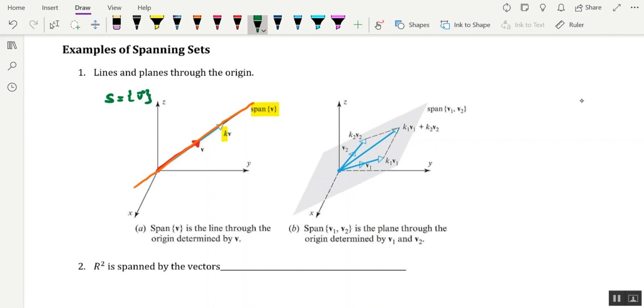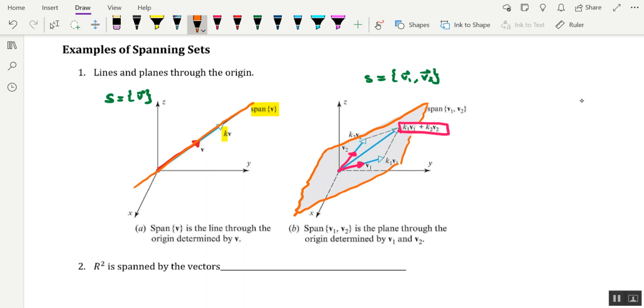Now in the second diagram, we're in 3 space, and our set S will consist of 2 vectors, namely V1 and V2, which we have drawn out for us. Here's V1 and here's V2. As we start mixing different combinations of the vectors V1 and V2, that is, getting linear combinations of V1 and V2, it traces out a plane that goes to the origin.